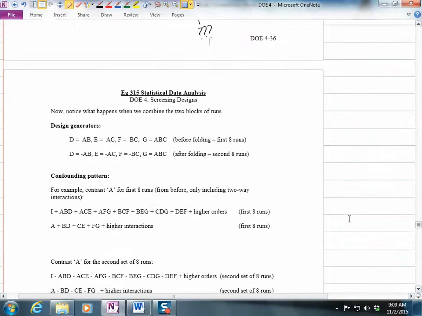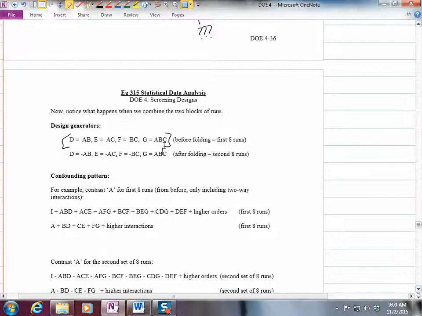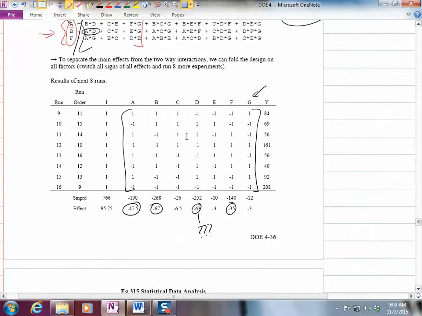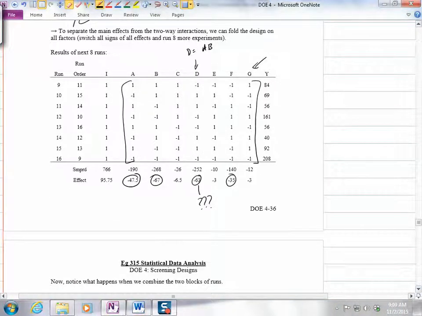So that's a surprise, and we need to take a look at why that is, okay? Now let's look at a little more detail. These were the design generators that we went over already, for the first 8 runs. When we flipped all the signs, design generator D is still D equals AB, but flipping the signs, we have a negative out there.